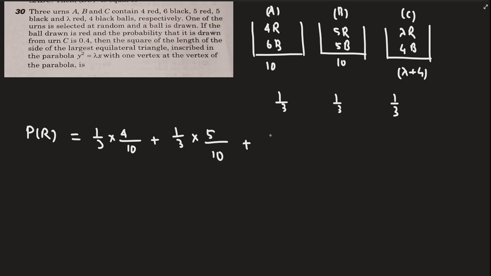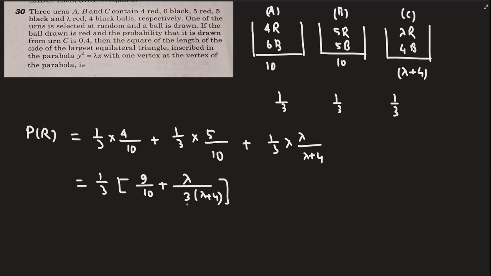We can choose the third bag and from the third bag we get the red ball, lambda by lambda plus 4. So this is the total probability by which we can select the red ball. If you take 1 by 3 outside, it will be 4 plus 5, 9 by 10, plus lambda times 3 lambda plus 4. So this is the probability of selecting the red ball.